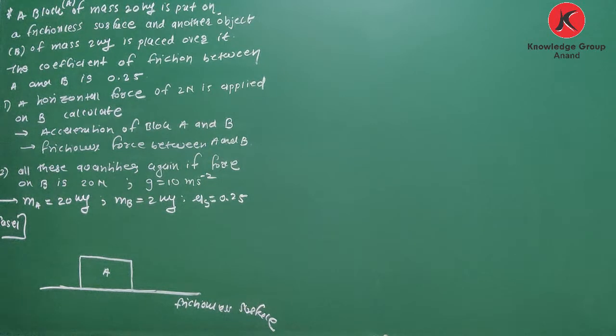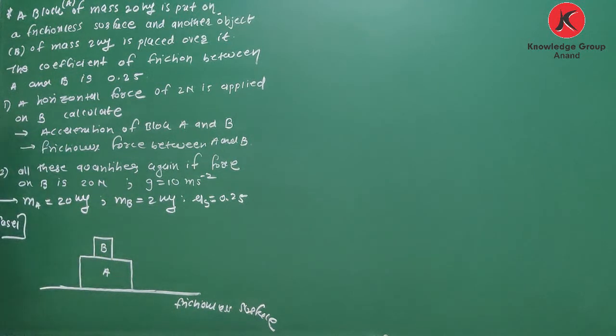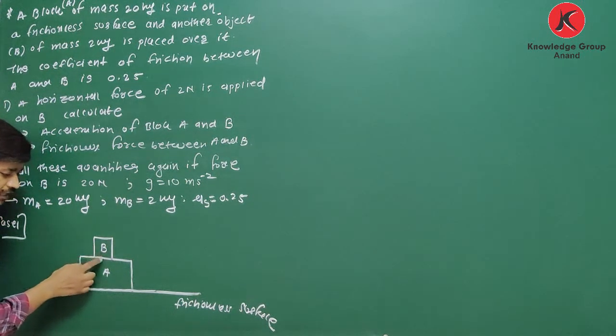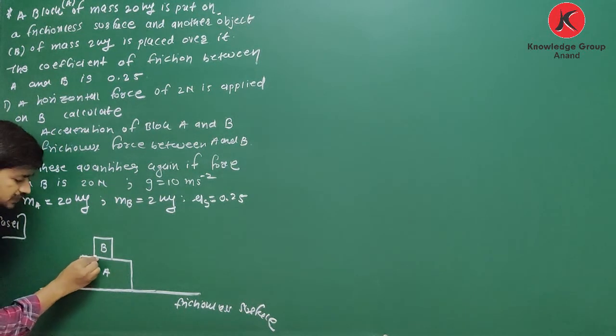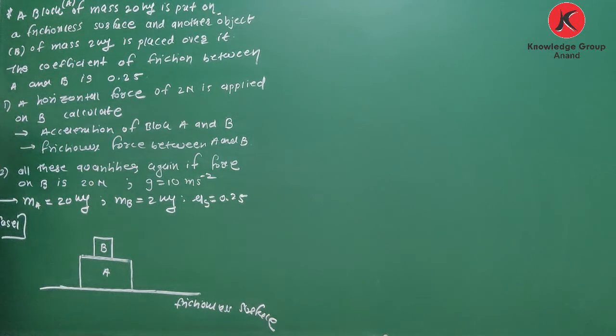Another object of mass 2 kg, B, is placed over it like this. As you are given the coefficient of friction between A and B, there is a frictional force between A and B. This surface is frictionless, but this surface has friction. Clear about this?